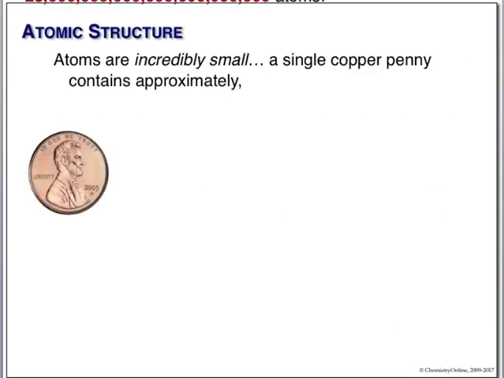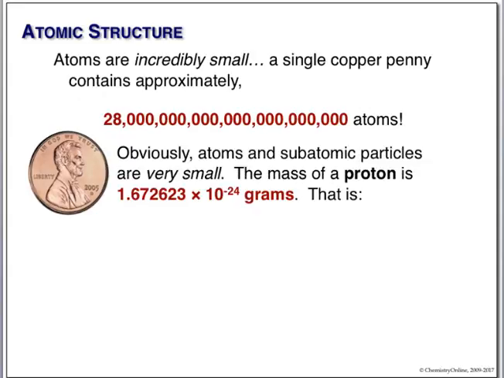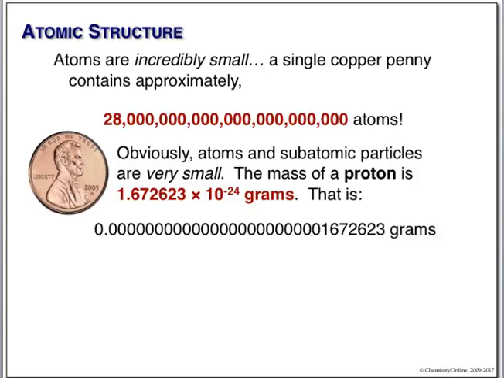We said in a single copper penny there would be roughly 28 sextillion atoms. Huge number. The mass of a proton in the nucleus is 1.6 times 10 to the minus 24 grams. So a really, really tiny number.